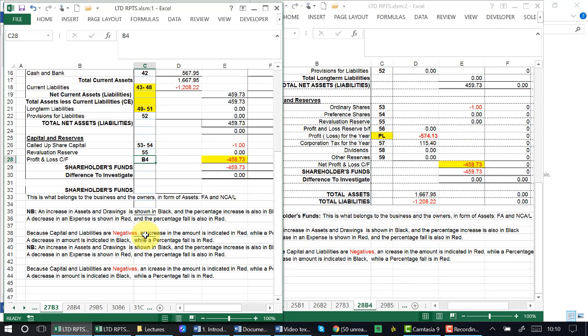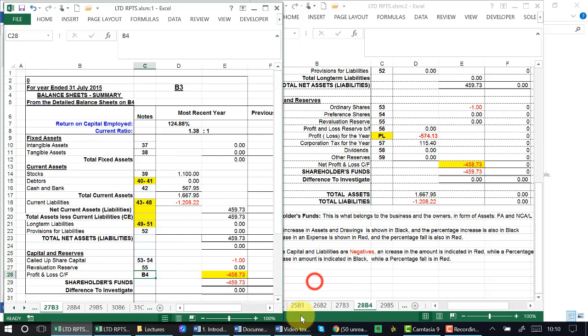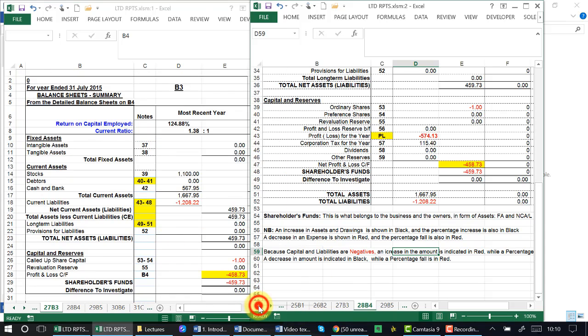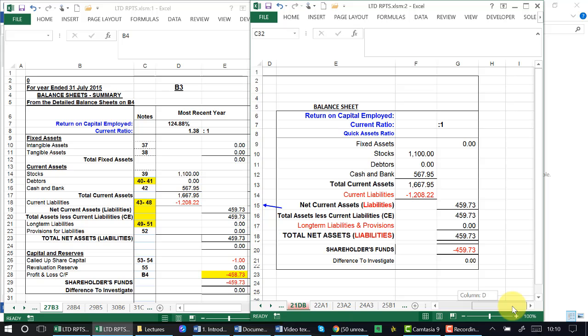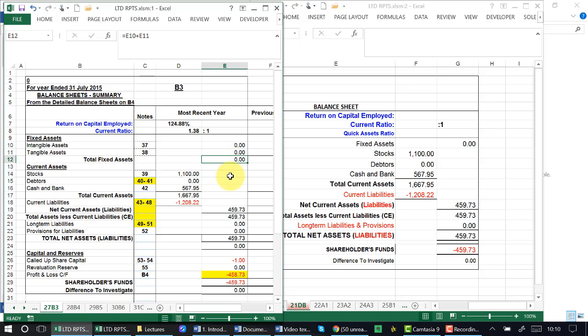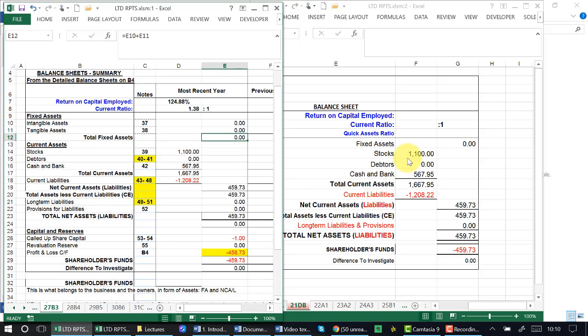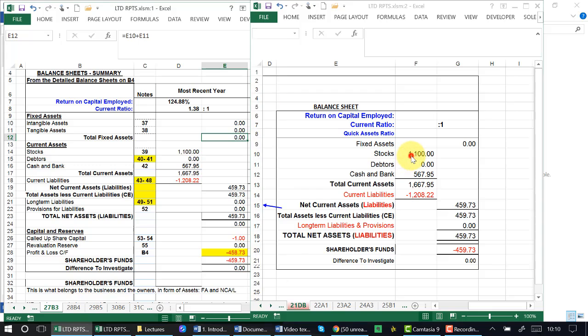Now we're going to compare this B3 with the dashboard, the lower section of the dashboard. Oh, yes, that's the balance sheet section. Now we've got fixed assets. Should be that figure there, which is summed up, total fixed assets. Then stocks, independent. We've got debtors, and then we've got cash and bank.